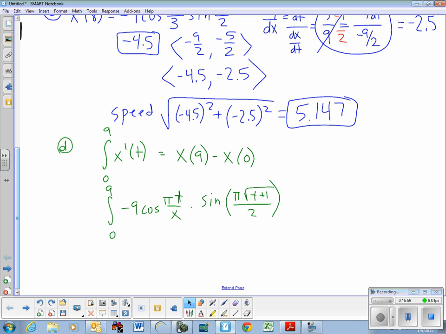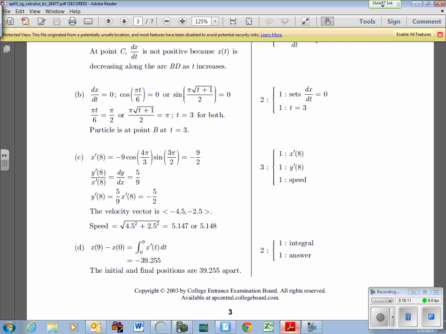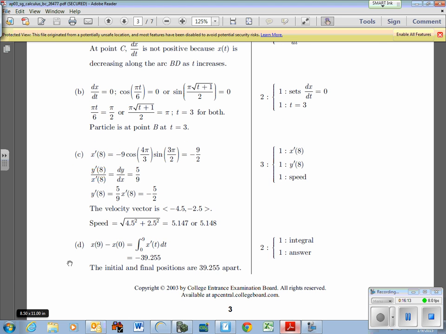The y portion of this parametric had nothing to do with it because I'm on the same level, which is a height of 0. So the only thing that matters is how much has x changed on this time period. And again, for the sake of time, I would type this into my calculator to integrate it. But here is that, -39.255.